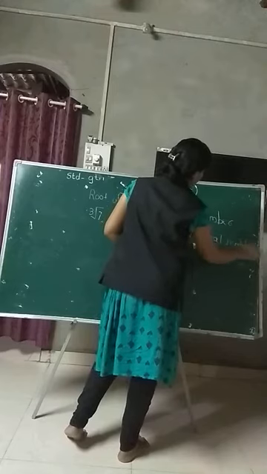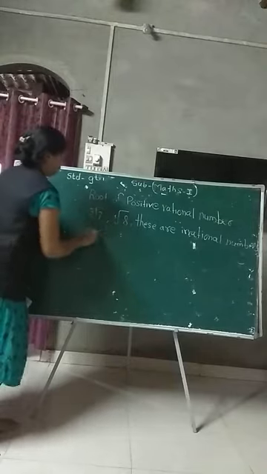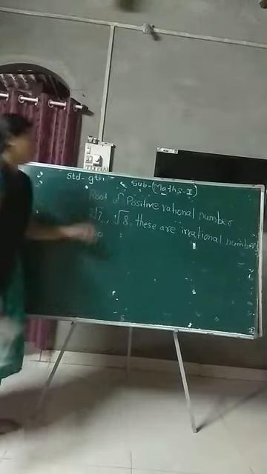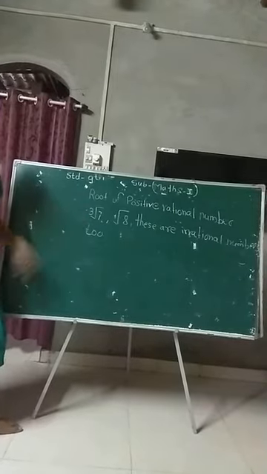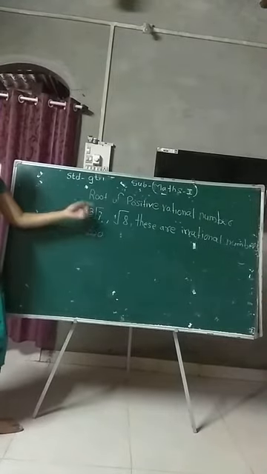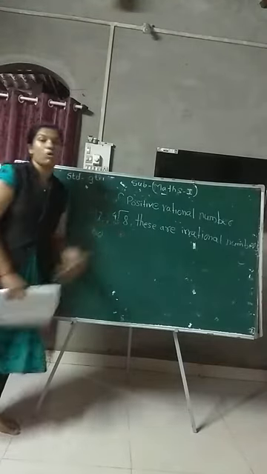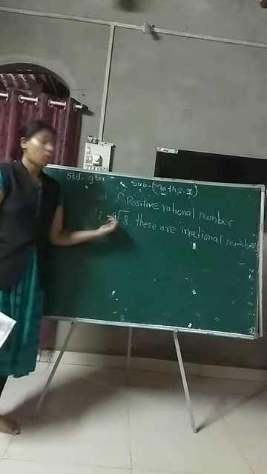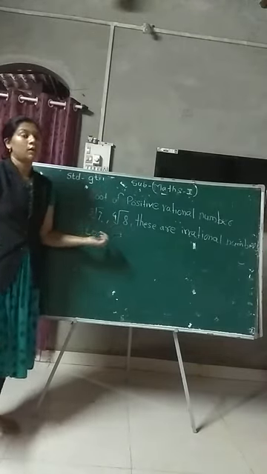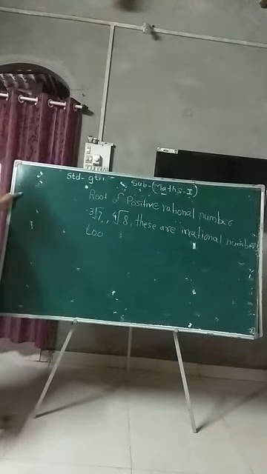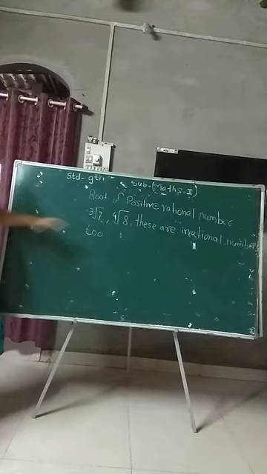These two numbers are also irrational. If we find the third root of 7 and if we find the fourth root of 8, then we get a non-terminating, non-recurring type of decimal number. So these are irrational numbers.